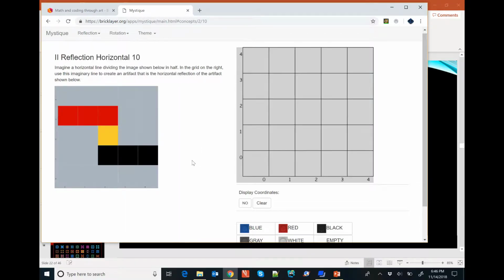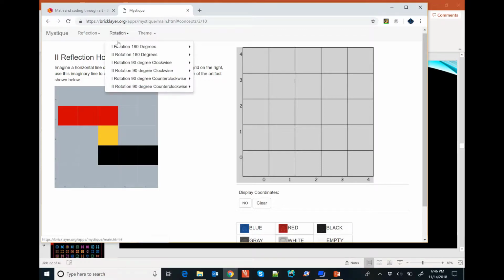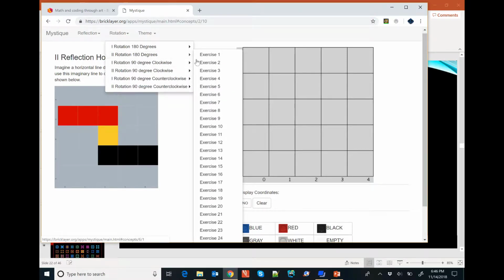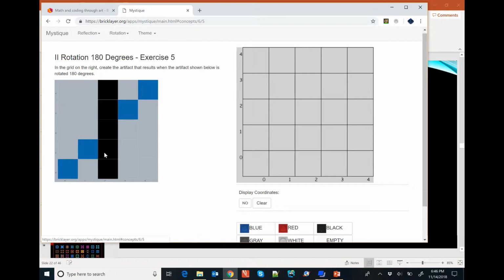So this is horizontal reflection, so now I have to flip it this way. Rotations can get a little trickier. So there's a lot of exercises here, and now you have to do a 180-degree rotation of this thing. And so they get a little bit harder, and one could make them significantly harder as well, right?